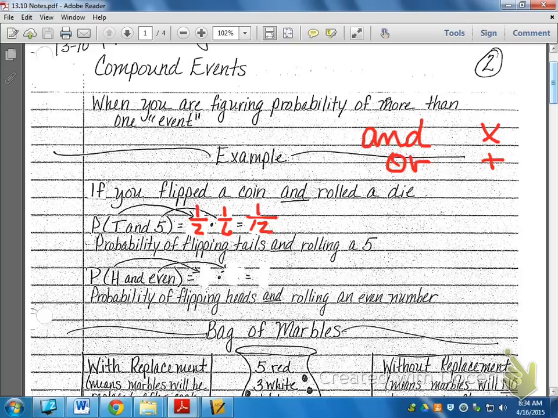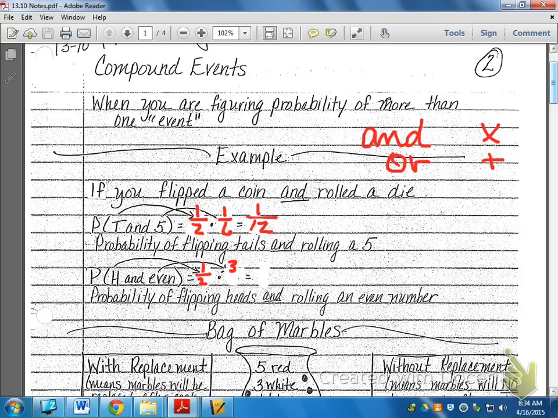All right, now we're going to do the same thing, a coin and a die. This time we want probability of flipping heads and rolling an even number. So think about your coin. How many sides have heads? One. How many sides altogether? Two. Now, even, probability of an even. So on that die, how many sides are even? Three.